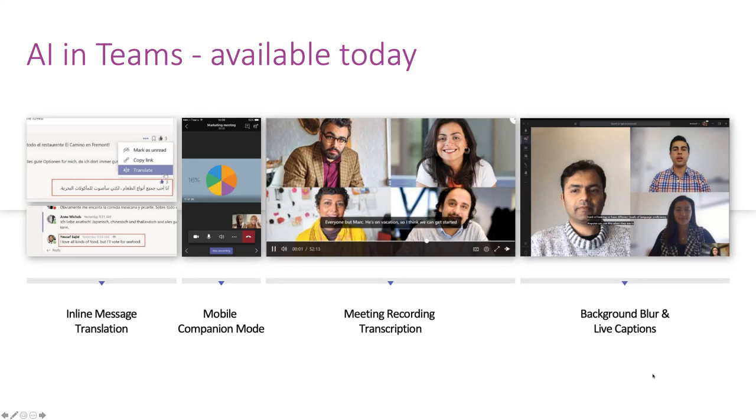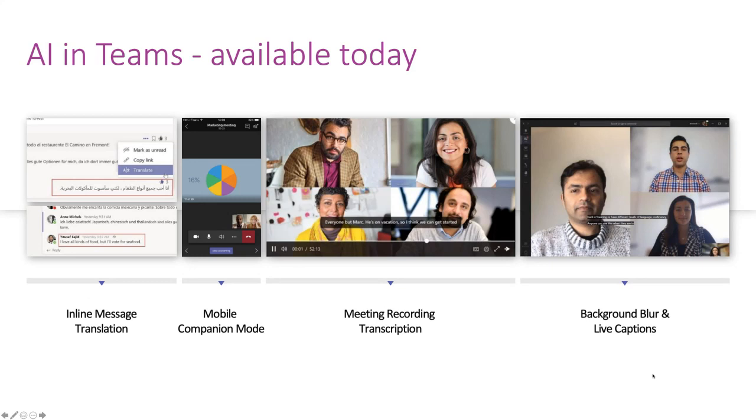So with this, you can have inline message translation. So if you are working globally or with third parties whose native language isn't English, you have the capability of doing translation immediately within this platform. That also allows you to deliver translation on the fly on an audio call as well, or a video call.